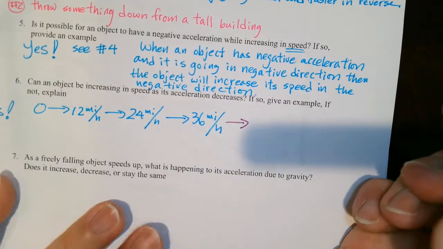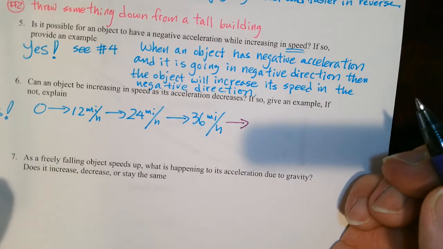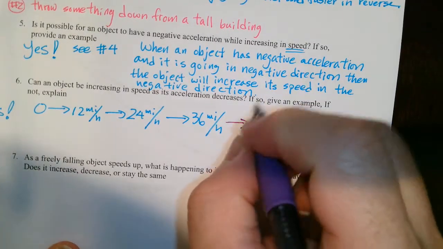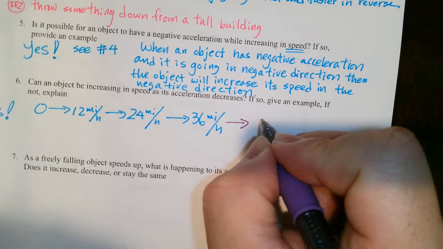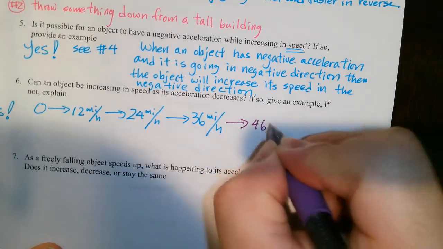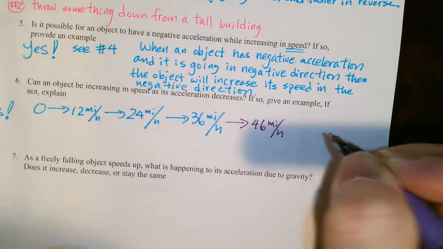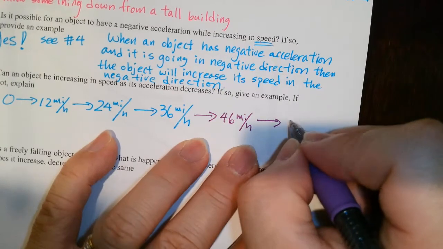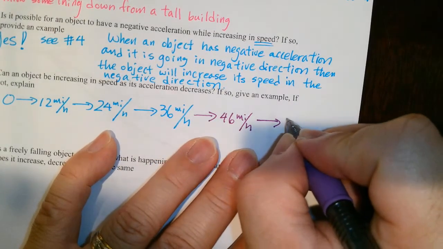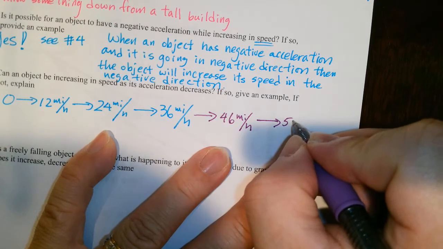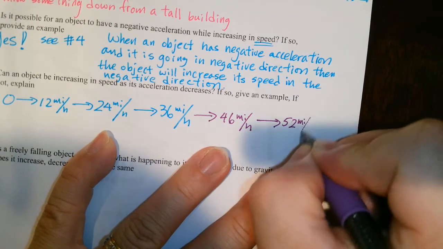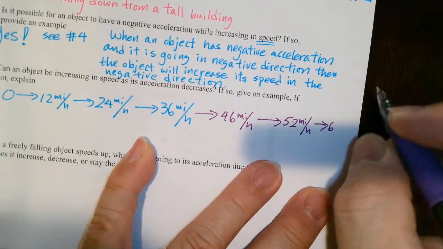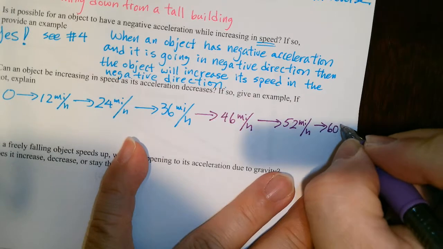you are easing on your pedal, and now you're going only, let's say, 46 miles per hour, and then 54 or 52 miles per hour, and now to 60 miles per hour, and so on.